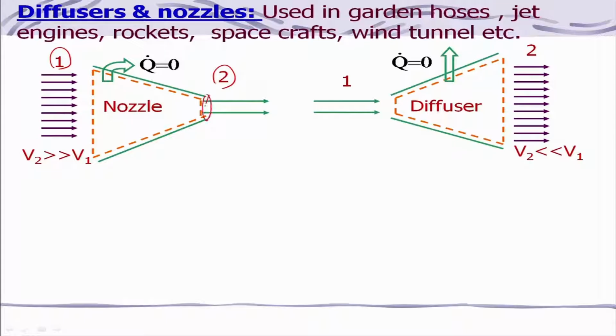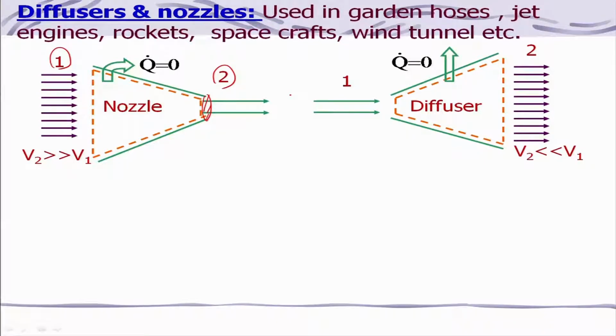This is your cross sectional area, then what happens, the velocity has increased. As I told, the area is decreasing at the exit of the nozzle, therefore, velocity will increase.